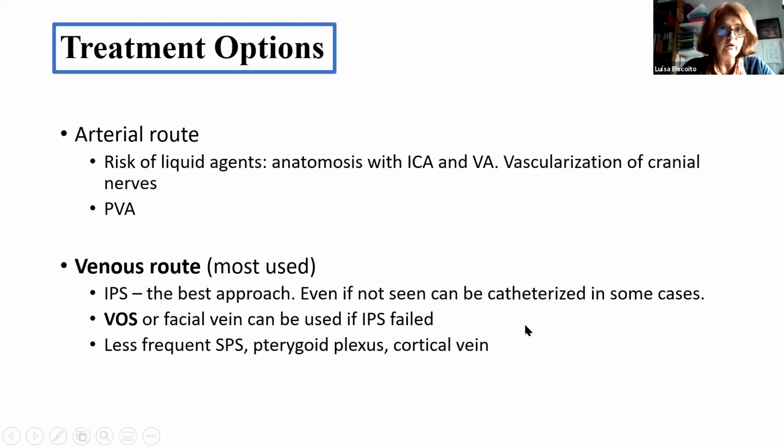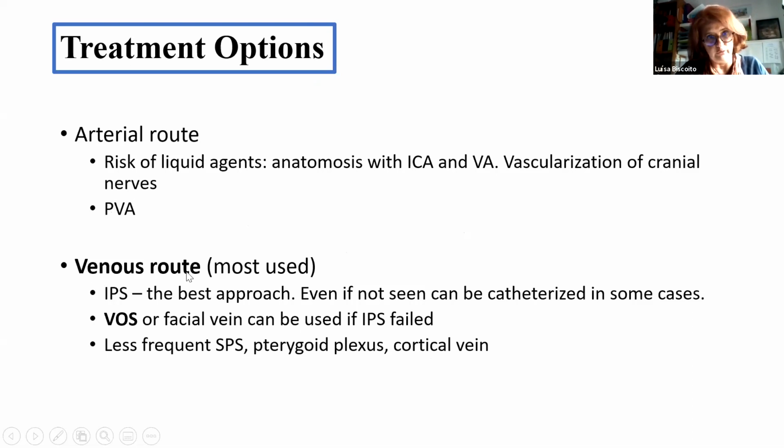From the arterial route, we have to pay attention to the use of liquid agents because of the anastomosis of the eye with the internal carotid artery and the vertebral artery with the external carotid artery, and the vascularization of the cranial nerves. And we can also use particles.